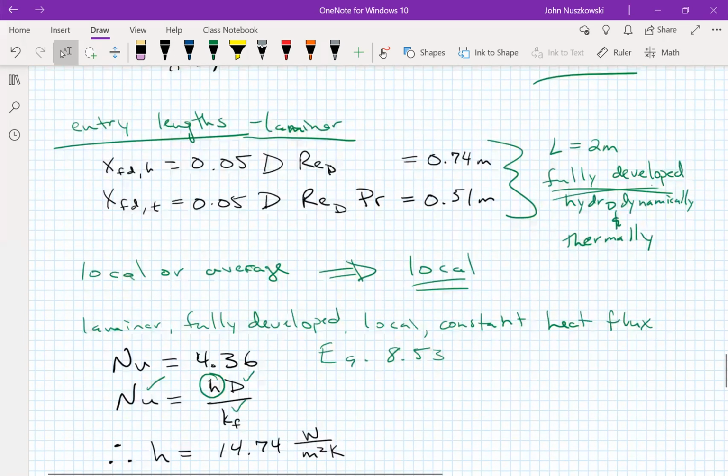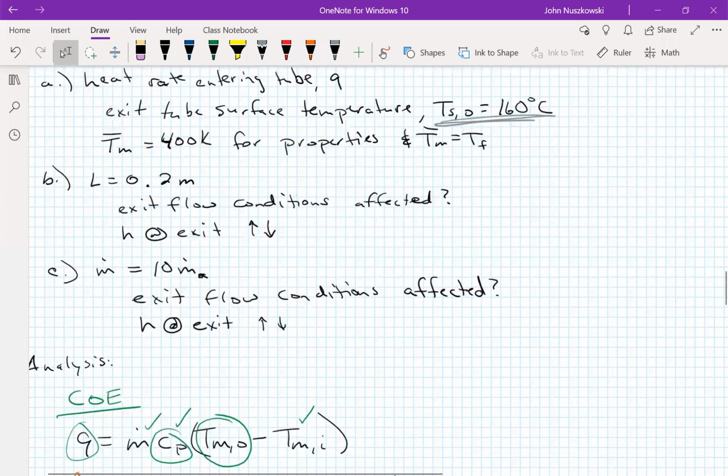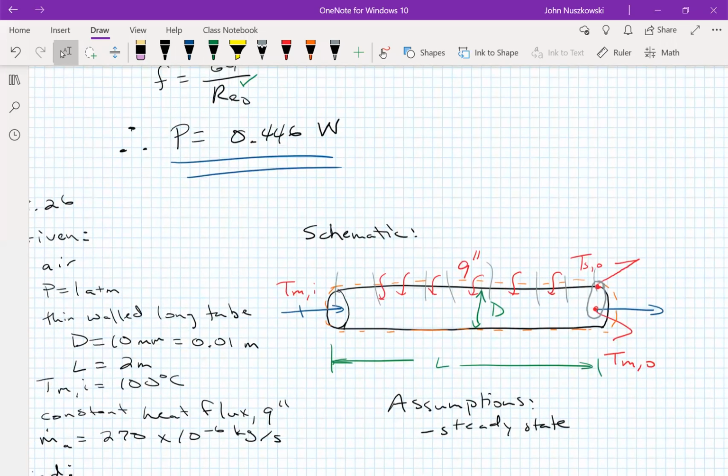Let's take a look at our schematic. If we have turbulent flow, it's chaotic, moving flow, so it's going to move things better from this center point here to the wall, which is what convection is doing, that Newton's law of cooling with the motion. When you have that chaos of turbulent flow, it's doing that better.